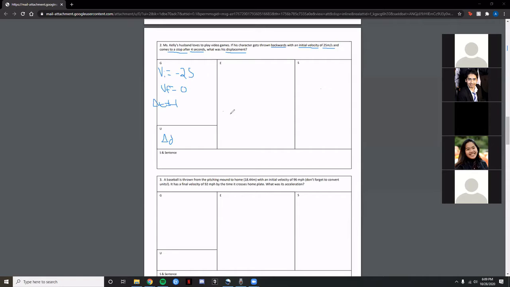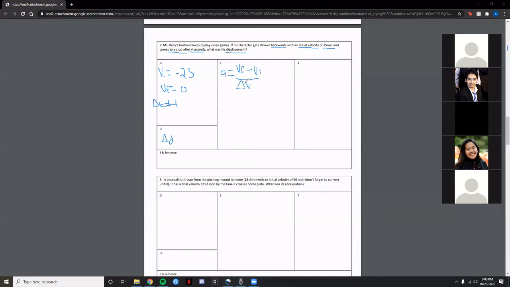What equation would y'all use to solve this problem? Well, first in order to find delta d, you probably have to find acceleration first. So you would first do acceleration equals v of f minus v of i divided by delta t. Yes, that's exactly what you do. You want acceleration, so you'd use a equals v of f minus v of i over delta t.